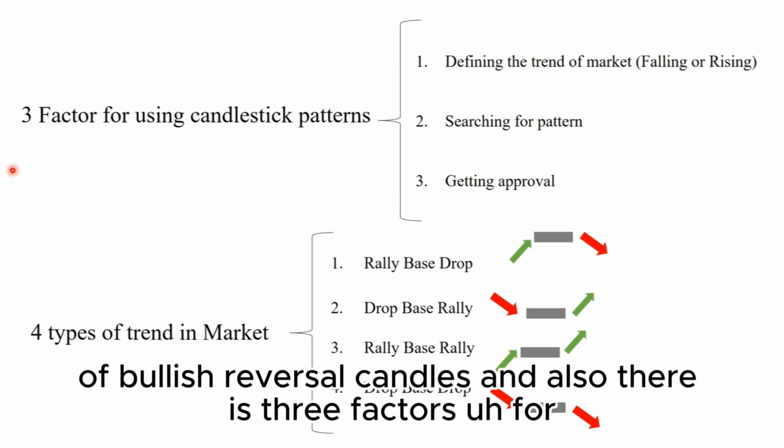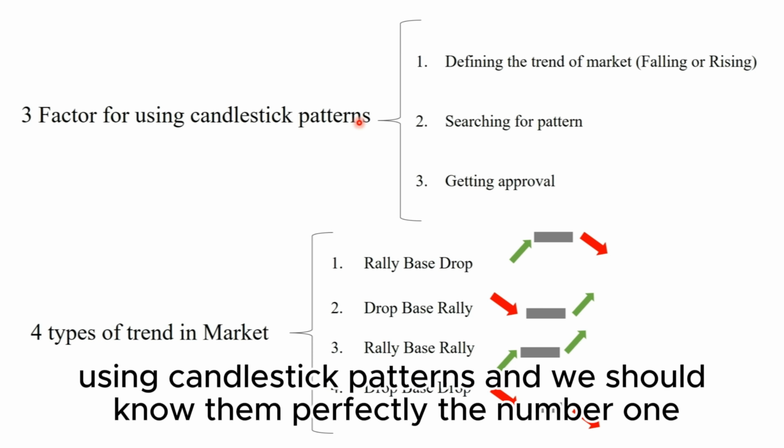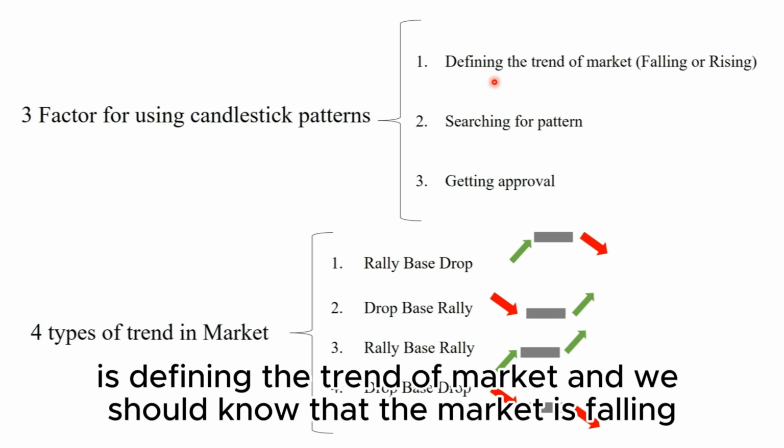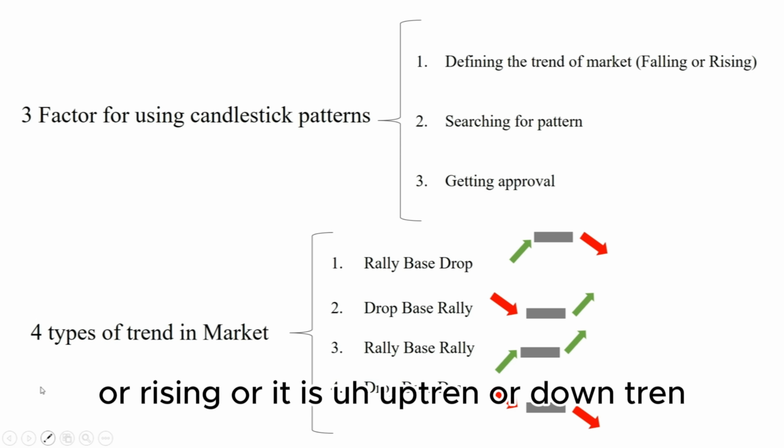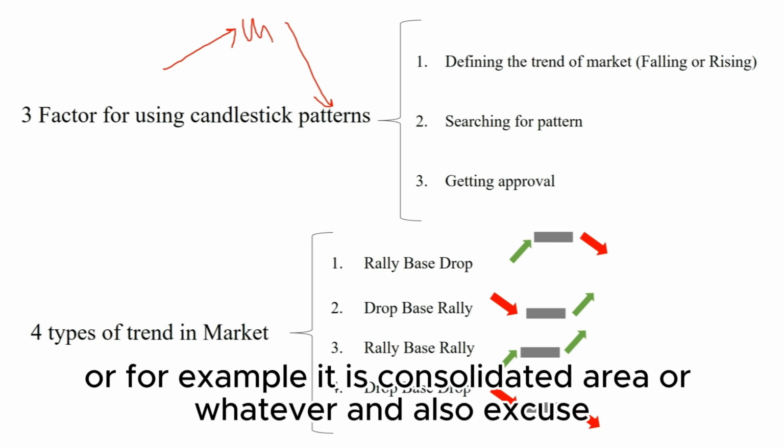Also, there are two factors for using candlestick patterns, and we should know them perfectly. The number one is defining the trend of the market. We should know whether the market is falling or rising, whether it is an uptrend or downtrend, or for example a consolidated area.